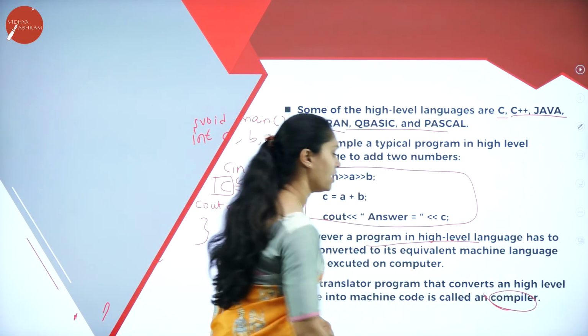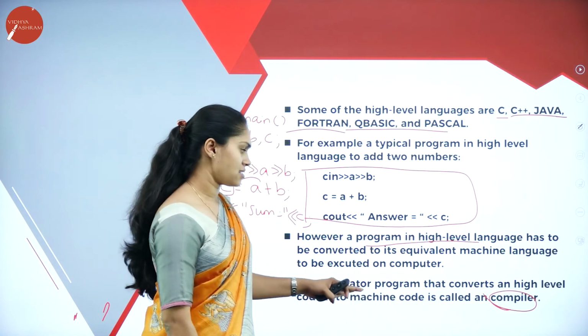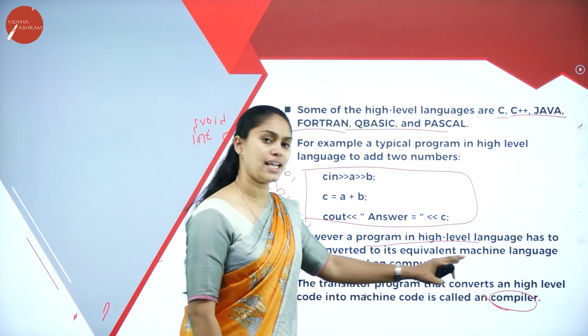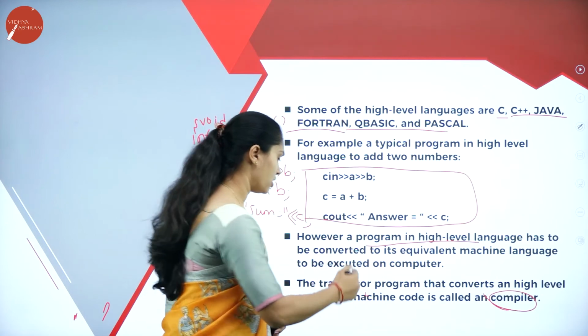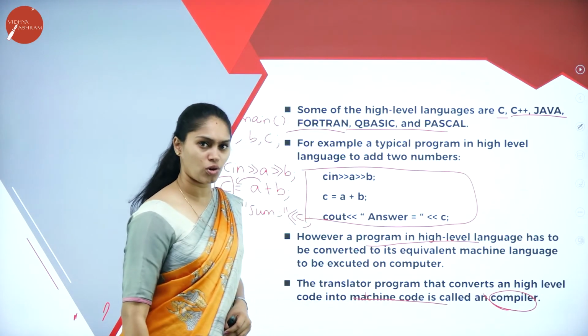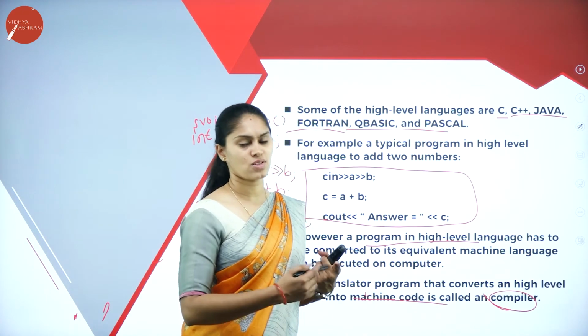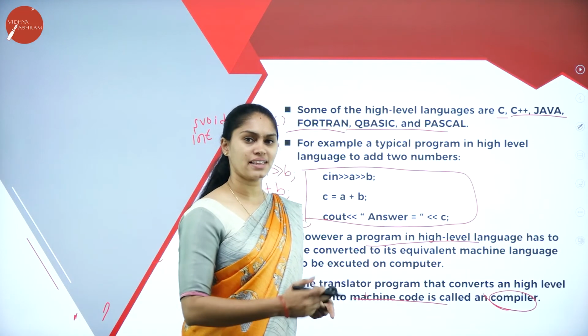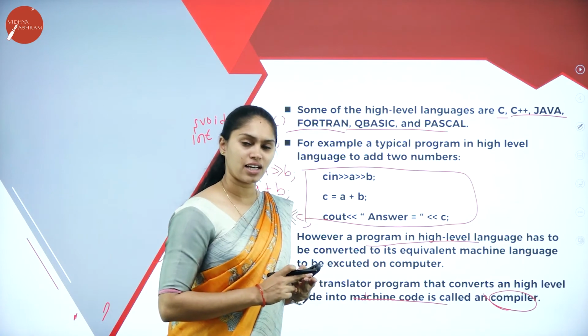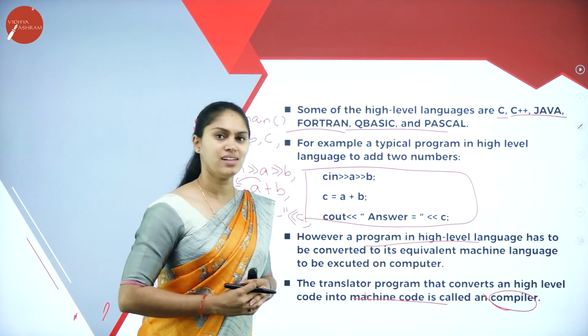So a translator program that converts high level programming language into machine code will be termed as a compiler. We are going to discuss the compiler, assembler, linkers, loader, everything in detail in my coming session.